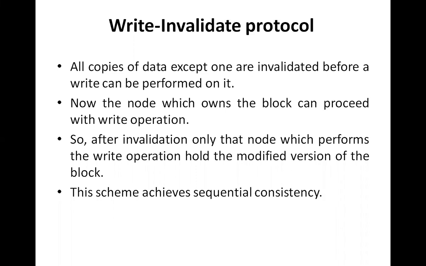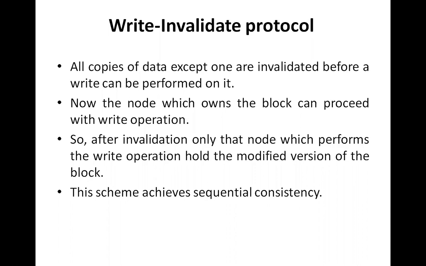Then it changes the access of the local copy of the block from read to write and returns to the faulting instruction. After returning, this node now owns that particular block and proceeds with the write operation and other read and write operations until the block ownership is released to some other node.